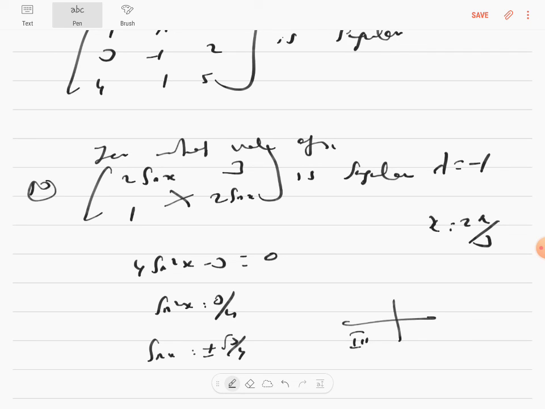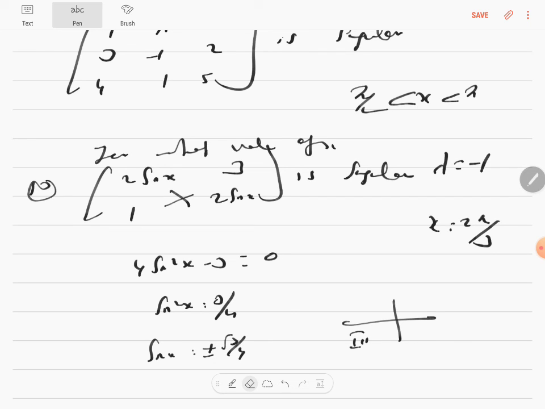It's specified in the question that x lies between pi by 2 and pi, which means x lies in the second quadrant, which is where sin is positive. So the value of x is whatever is in the second quadrant. That's why the answer is 2 pi by 3.